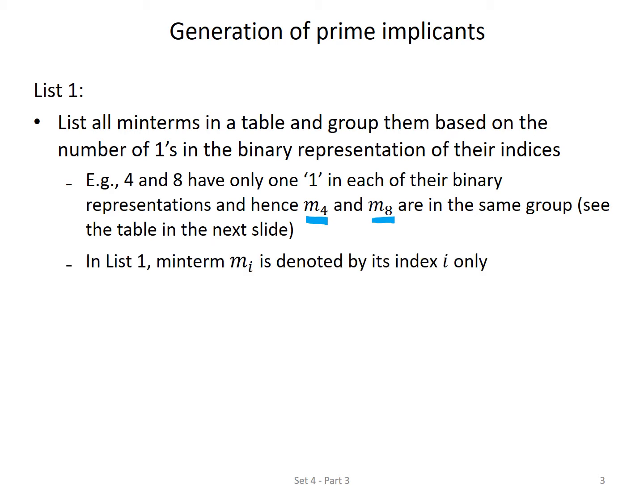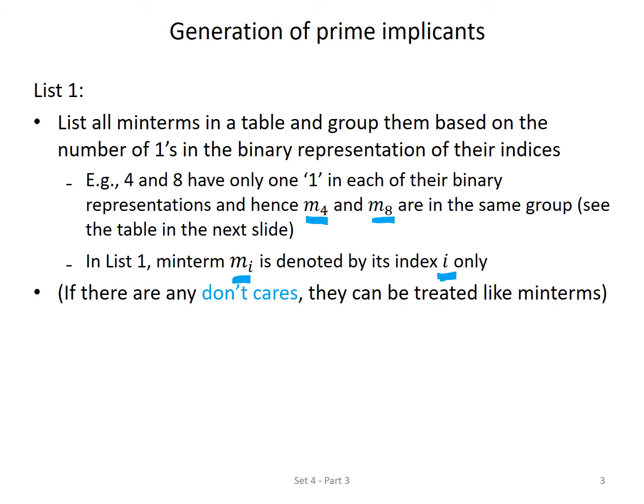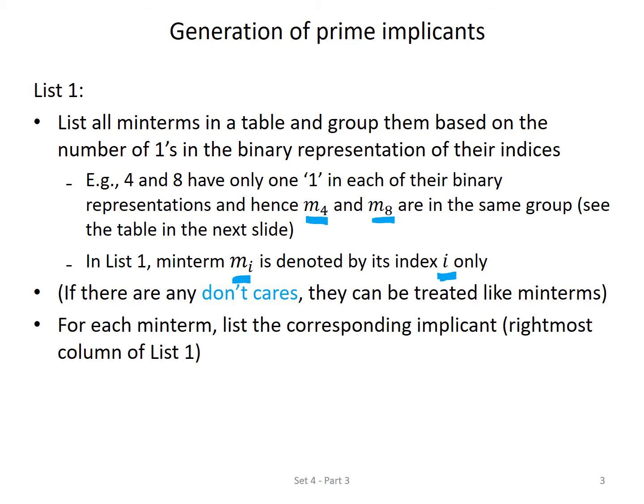In list 1, minterm M sub I is denoted by its index I only. If there are any don't cares for the function, then they are also listed like minterms in list 1. For each minterm, we list the corresponding implicant, and this is in the rightmost column of list 1.